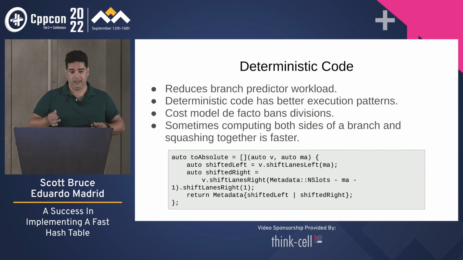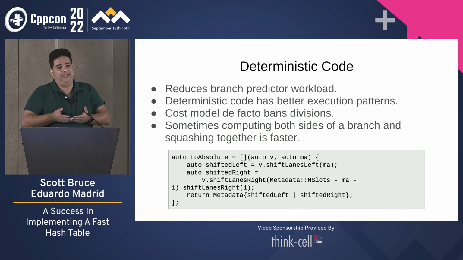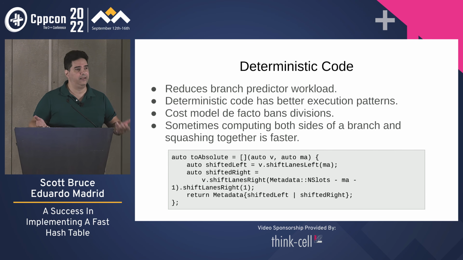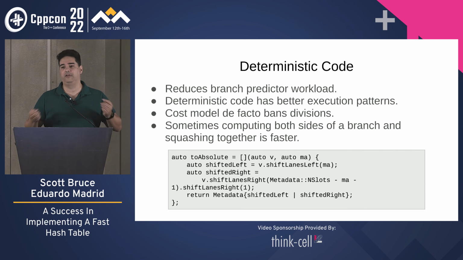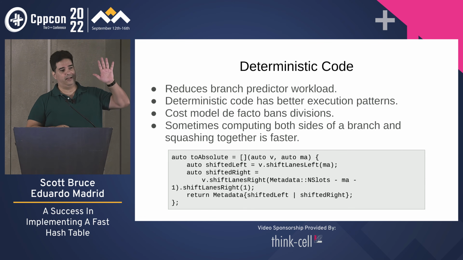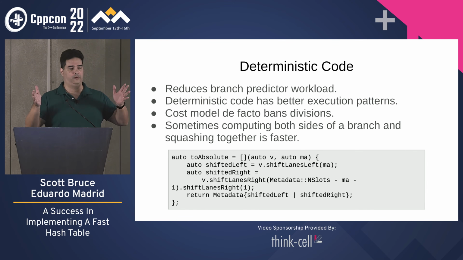Because of the model of costs that we have, we de facto have banned divisions. And this is the only reason why our code cannot configure, for example, a SWAR register that has a lane size of 9 bits so that you can have 7 of them in a SWAR.